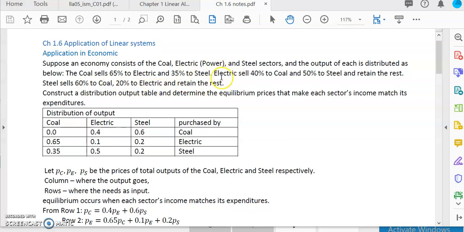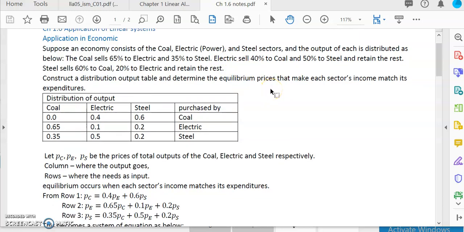So this is a closed economy. They sell to each other to manufacture output, and we would look at how the income matches the expenditure. Whatever is described above would be a column.